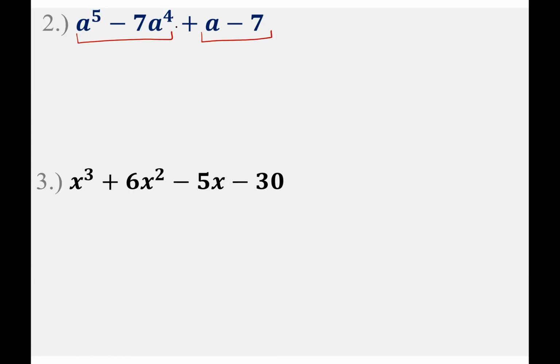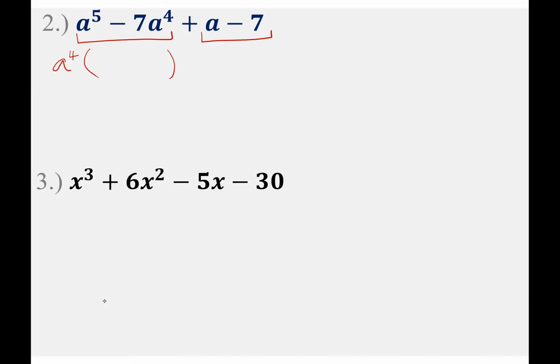So now we took our 4 terms and broke them into 2 groups of 2. Let's look at the first group, a to the 5th minus 7a to the 4th. The GCF there is a to the 4th, because remember, if you have the same variable between your terms, factor out the one with the smallest exponent. Now we can take each of these original terms and divide them by a to the 4th.